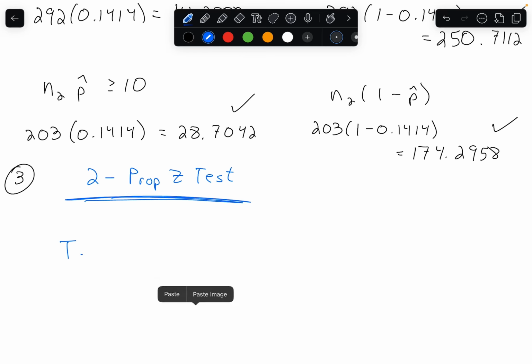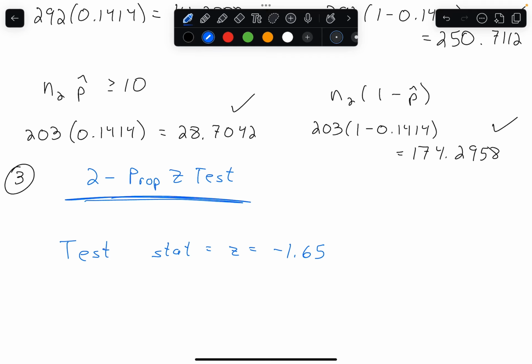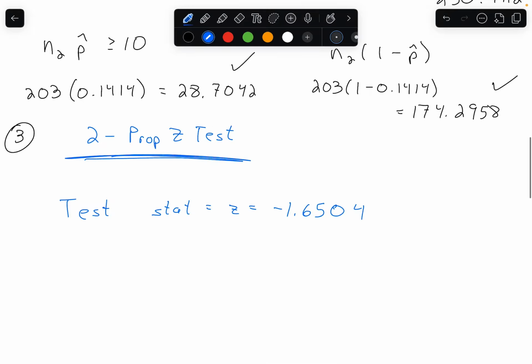My test stat, we said, is a z-score. Z is equal to negative 1.6504. We'll go ahead and round to 4 decimal places because that's what we've been using throughout this problem. So there's our test statistic, and then of course our p-value, the thing that we're going to use to help make our decision.